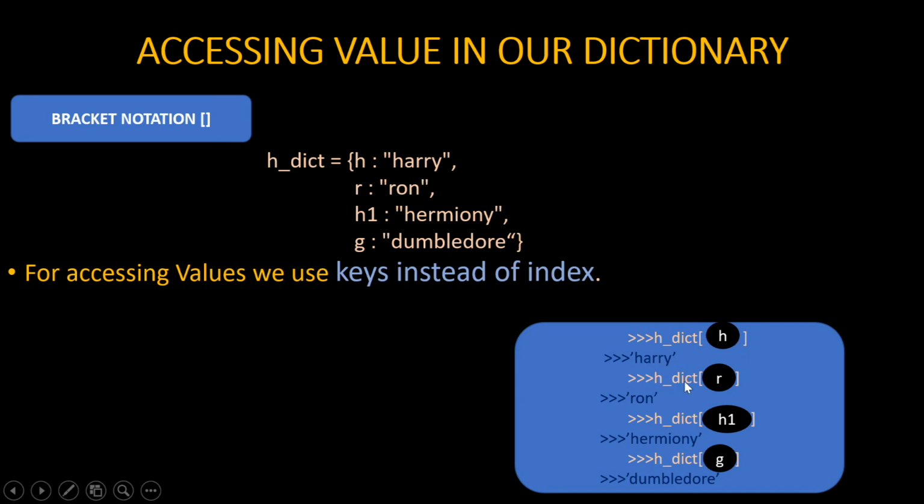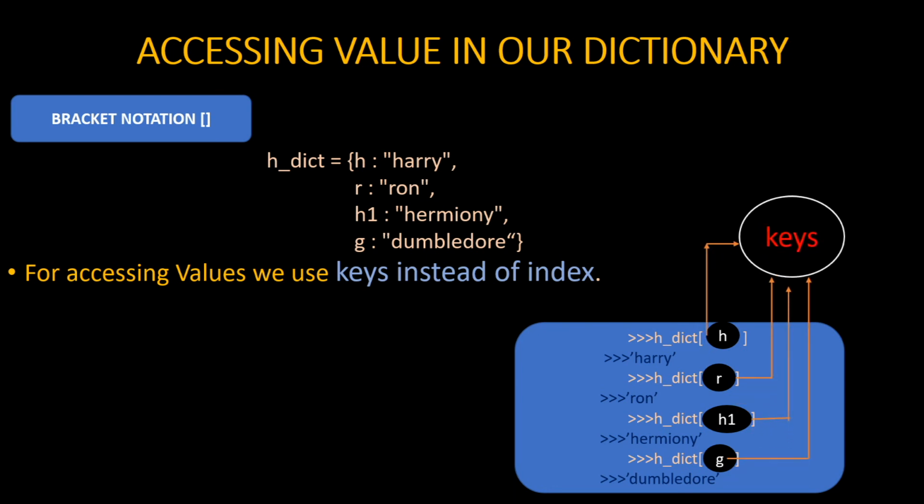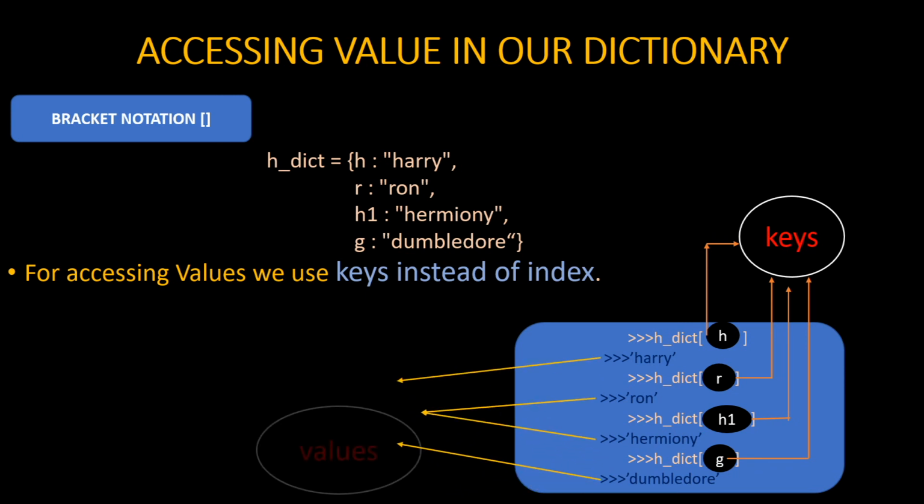When we print hdict of r, it will print Ron. When we print hdict of h1, it will print Hermione. In this case h, r, h1, g are the keys, and Harry, Ron, Hermione and Dumbledore are the values.